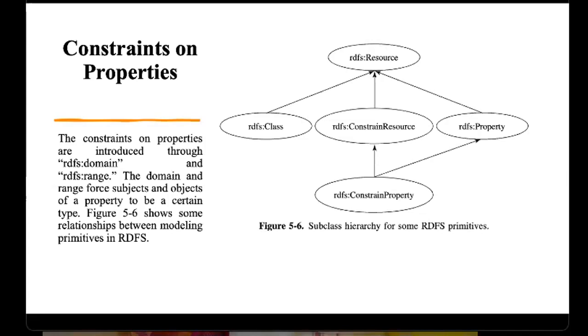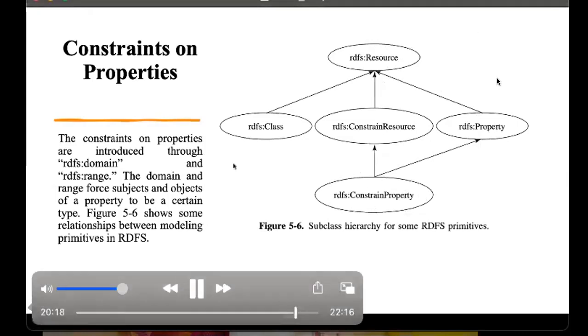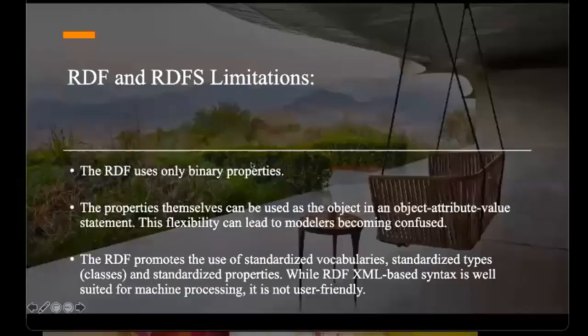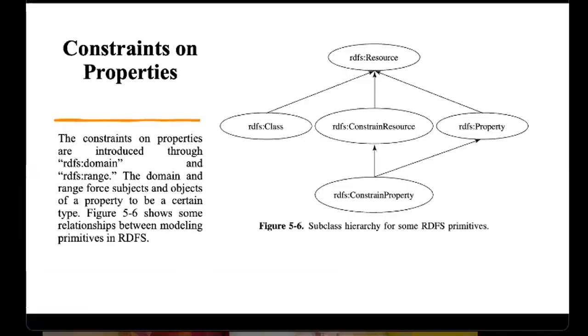The domain and range force subjects and objects of a property to be a certain type. This diagram shows the relationship between primitives in RDFS: resource, property, constraint property, constraint resource, and class.